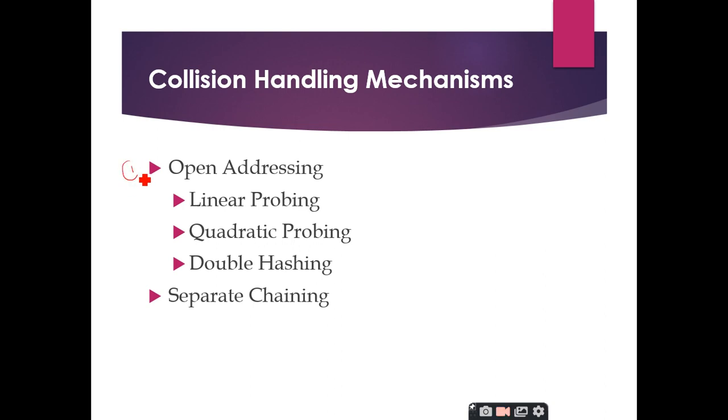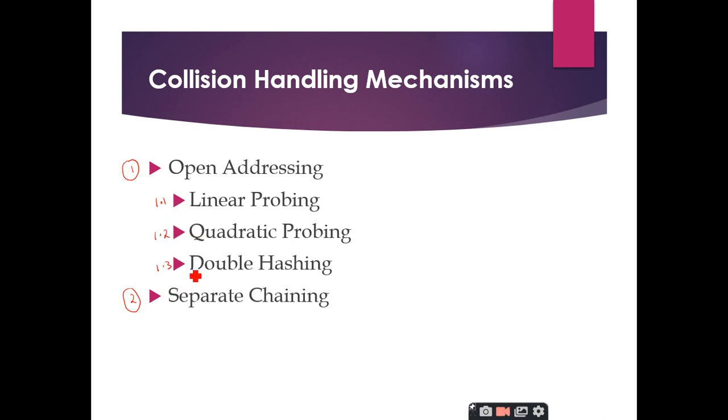The first one is open addressing and the second one is separate chaining. In open addressing we have three subcategories: linear probing, which we call 1.1, quadratic probing, and double hashing, right?